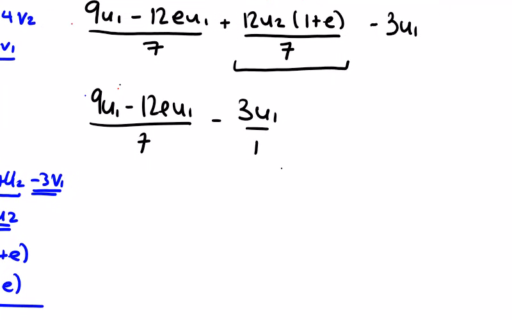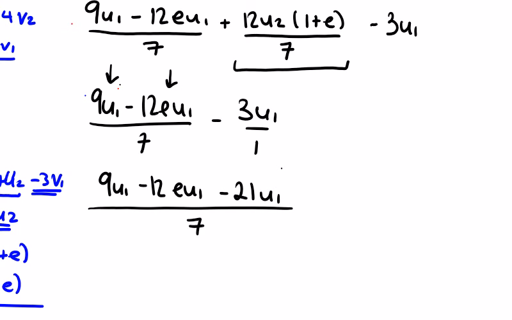So if I bring these two together, I'm going to get 9u1 minus 12eu1, multiplying the 1 by this guy here and this guy here, and then I'm going to get minus 21u1 across, multiplying the 7 and the 3u1, and that's all over 7. So this is looking like we're making progress. 9u1 minus 21u1 is minus 12u1 minus 12eu1.